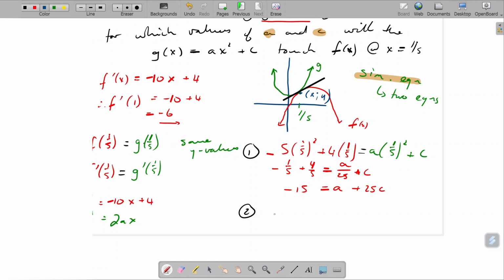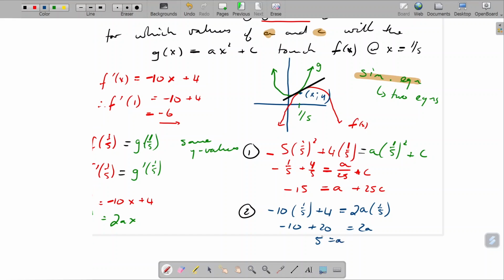So I've got minus 10 times 1/5 plus 4 equals g prime, which is 2a times 1/5. I've got to times through by 5, which means I'm going to have minus 10 plus 20 equals 2a. I'm going to get that 10 equals 2a, so 5 equals a.